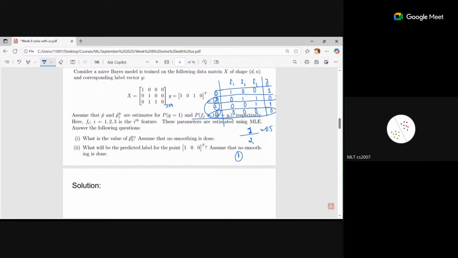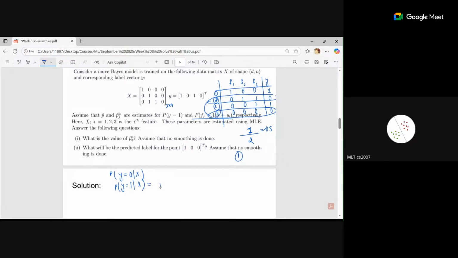Okay. So again, how do you find the prediction? You need to check what is the probability of y equal to 0 given my x, and what is the probability of y is equal to 1 given x. So let's say we want to find this first.